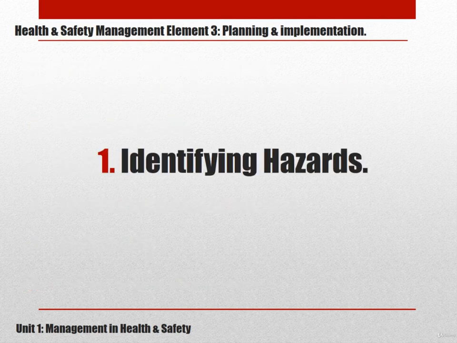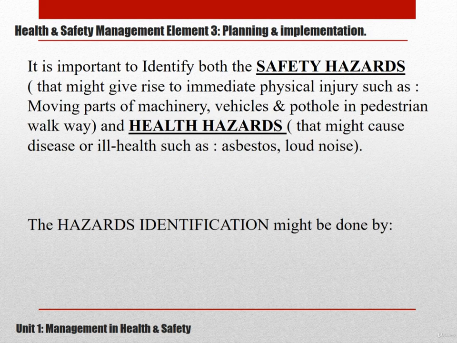Identifying hazards is the first step in the risk assessment process, and it's to identify all the significant hazards associated with the work. Remember that hazards are the things with the potential to cause harm, and it's important to identify both the safety hazards that might give rise to immediate physical injury, such as moving parts of machinery or vehicles, and the health hazards that might cause diseases or ill health, such as asbestos or loud noise.